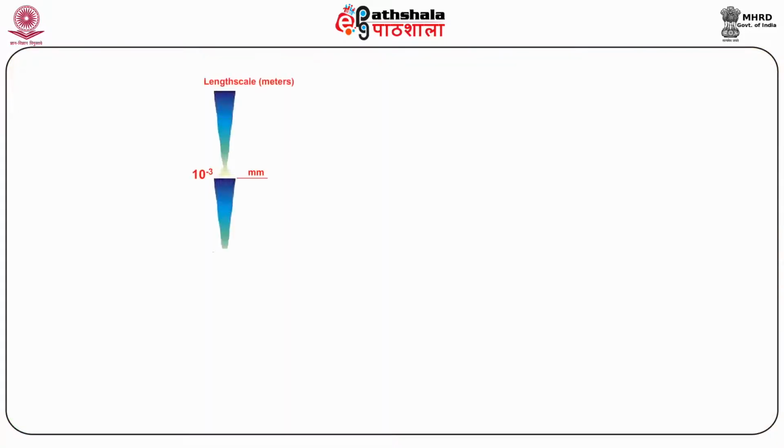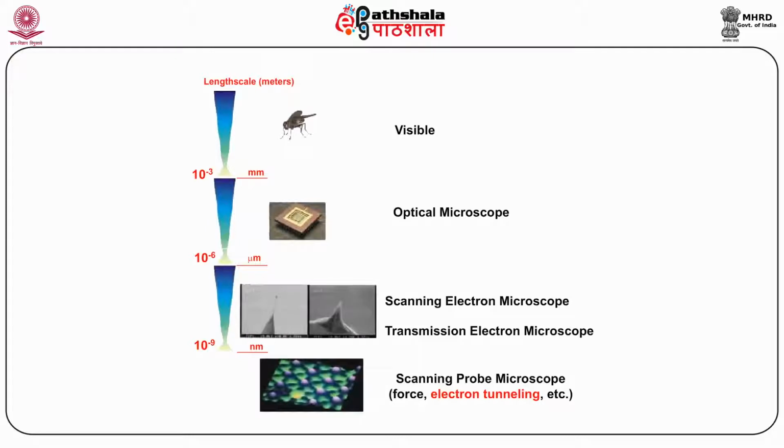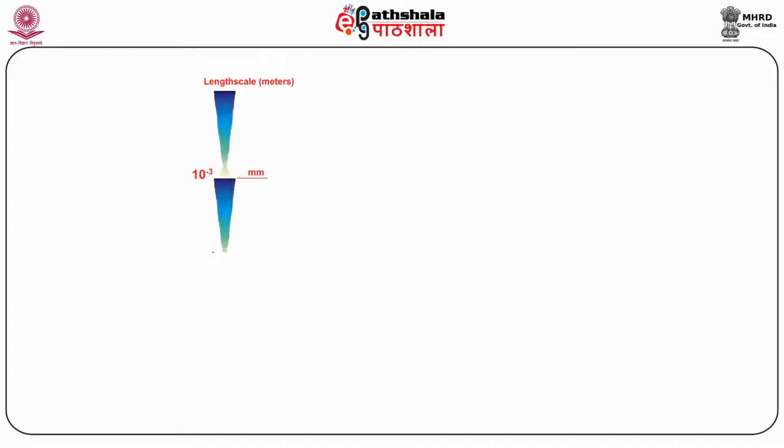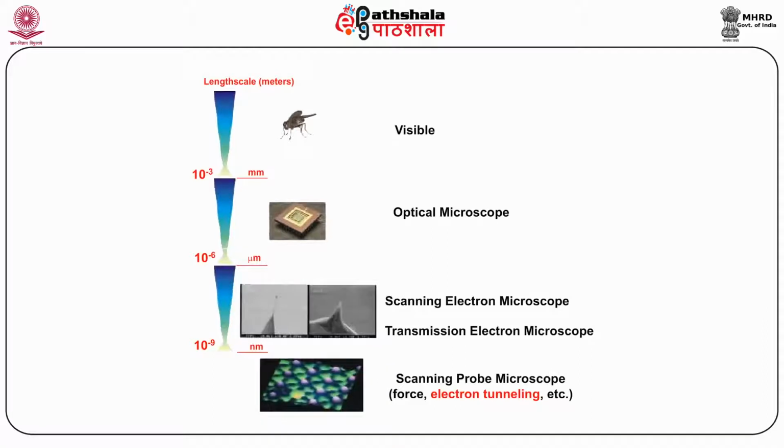The scanning probe microscope can scan samples from a very small scale to about the millimeter scale. Here in this slide, some scales have been shown which can be seen with the help of scanning probe microscopes. The first is up to 10 to the power minus 3 meters. It's visible, and we don't need any support.